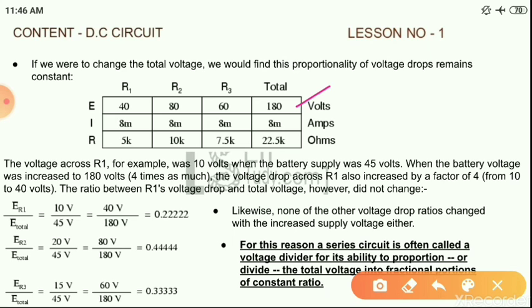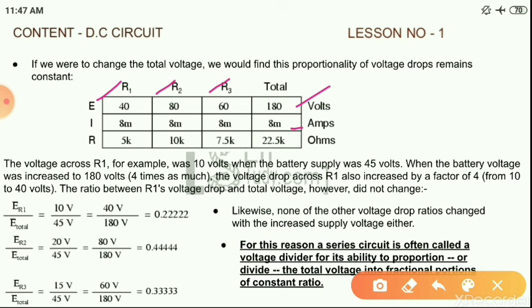For 180 volt and a total of 22.5 kilo ohm, a total of 8 milliampere current will flow through the circuit, and for that the voltage drop across R1 will be 40 volt, for R2 will be 80 volt, and for R3 will be 60 volt. The voltage across R1, for example, was 10 volt when the battery supply was 45 volt.